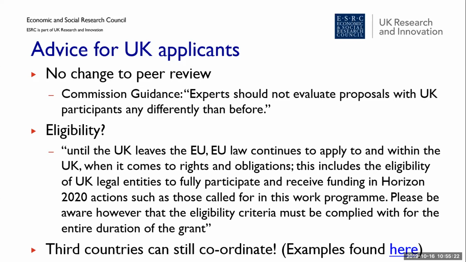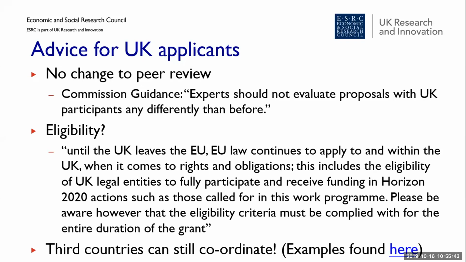Yeah, the eligibility is important in terms of the consortia because you do still need to comply with, for example, for the RIAs, the research and innovation actions, or the innovation actions, there still needs to be a minimum of 3 member states or associated countries involved.